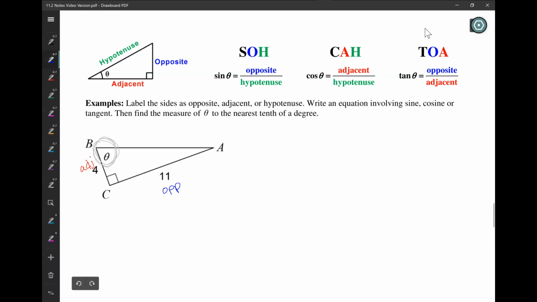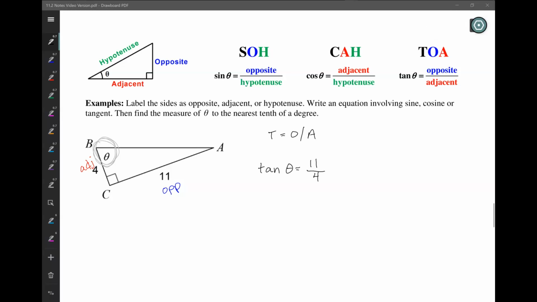So I look for which of these involves opposite and adjacent. It's not sine, it's not cosine. TOA, opposite and adjacent. Tangent is opposite and adjacent. TOA. So the tangent of theta is the opposite side over the adjacent side, 11/4.